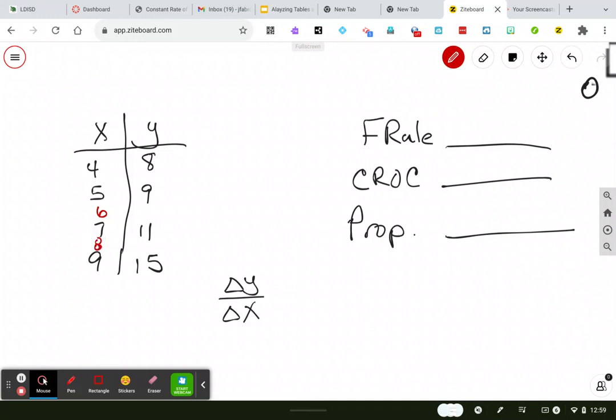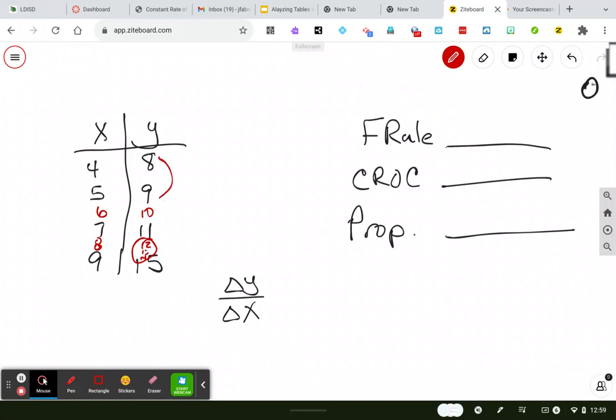Over here, between 8 and 9, there's no numbers. Between 9 and 11, there's a number. And between 11 and 15, there's 12, 13, 14. So right here, you can tell that there's not going to be a constant rate of change.